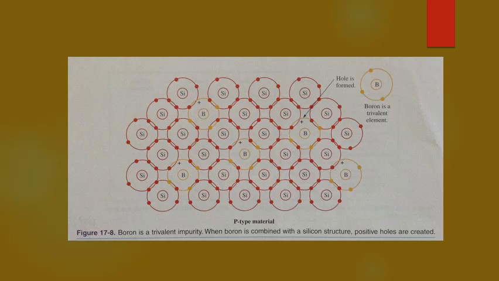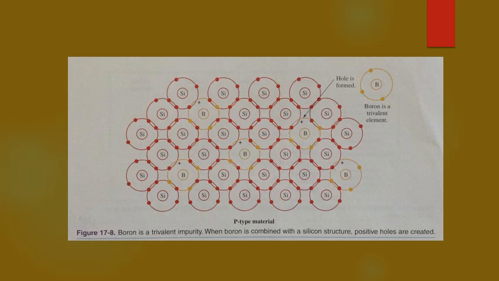What occurs when a trivalent impurity is added to a pure semiconductor material? It has only 3 electrons to join into a covalent bond. 1 more electron is needed to complete the lattice structure. A hole remains in place of the missing electron, figure 17-8.